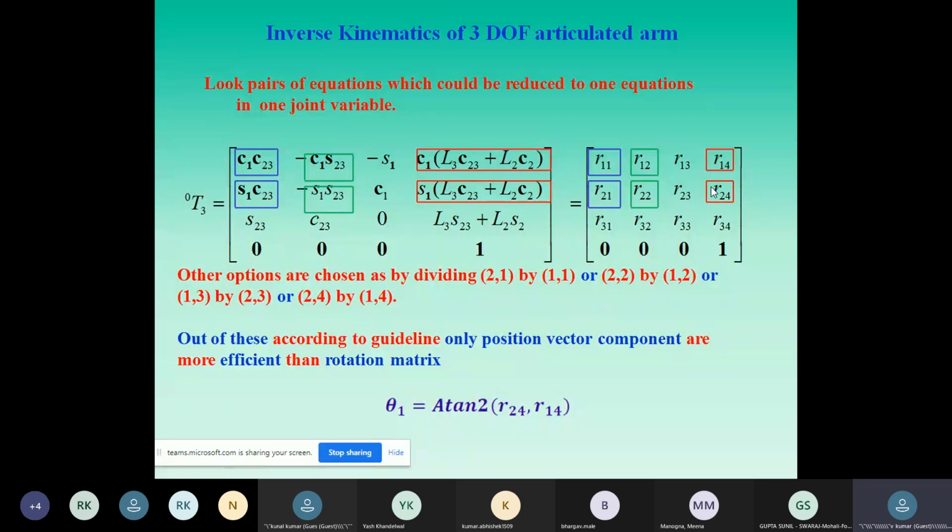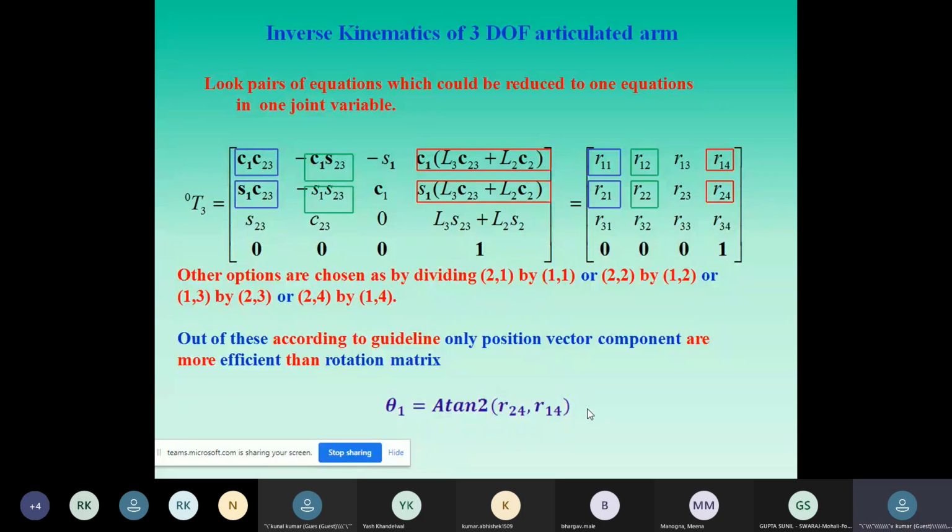Then we only get the tan function, tan theta 1. From that tan theta 1, we calculate theta 1. Theta 1 is equal to atan of R24 by R14. This gives us the theta 1 equation.